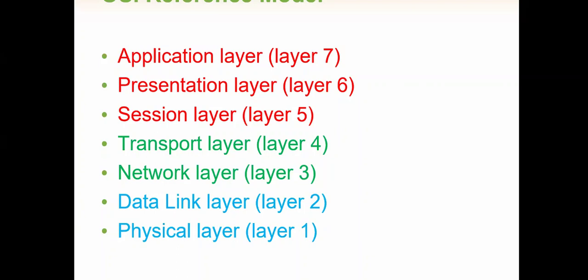If you are using Facebook on your computer or your phone, the application works within these 3 layers. That is to say, it will work in the application layer, the presentation layer, as well as the session layer. Your application works just within these 3 layers.